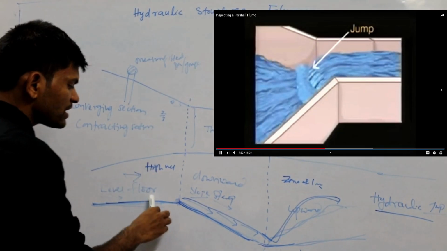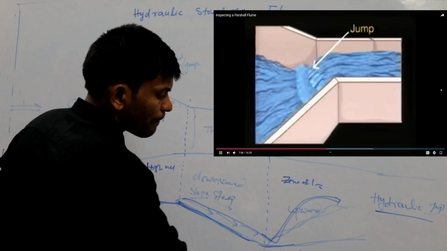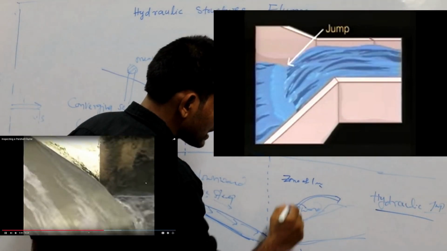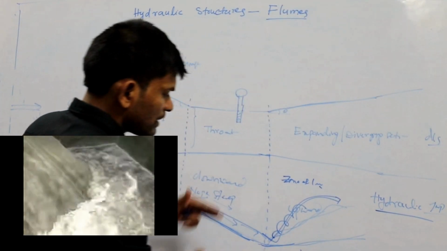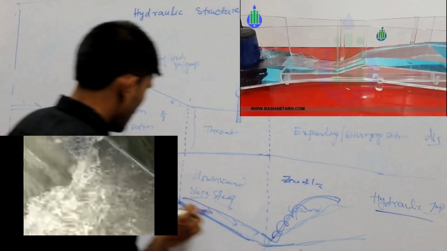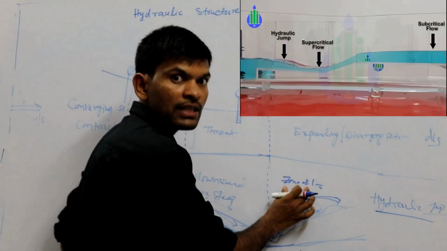When the water is flowing from steep slope to mild slope, turbulence is created here. Now the state is changing: high velocity is called the supercritical state and low velocity is called the subcritical state.